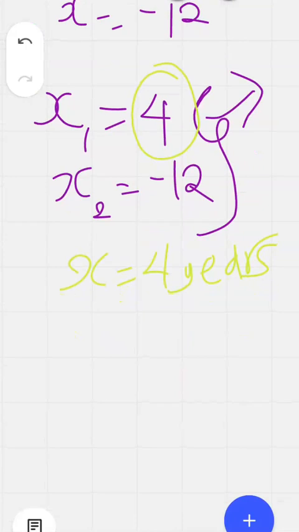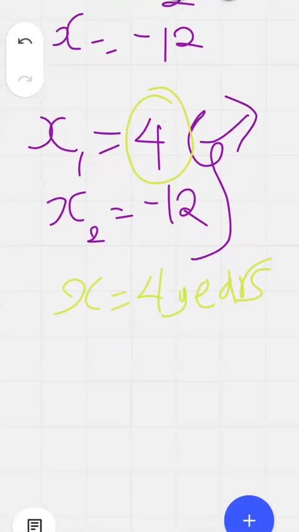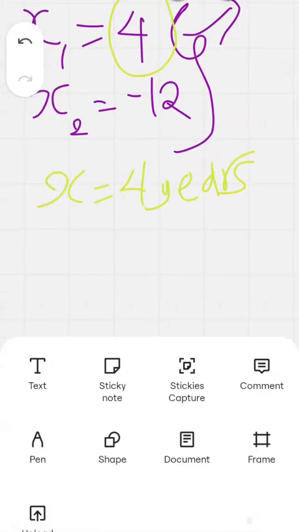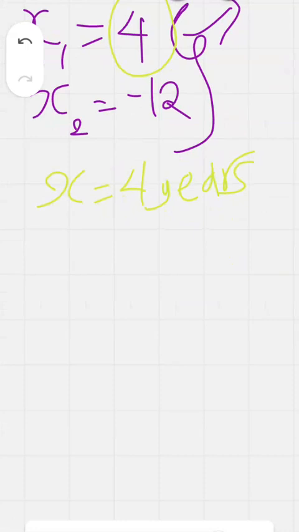So how can we prove it? If x now is 4, then back there A was 3. So in the next 4 years, A will be equal to 4 plus 3, that one is 7.